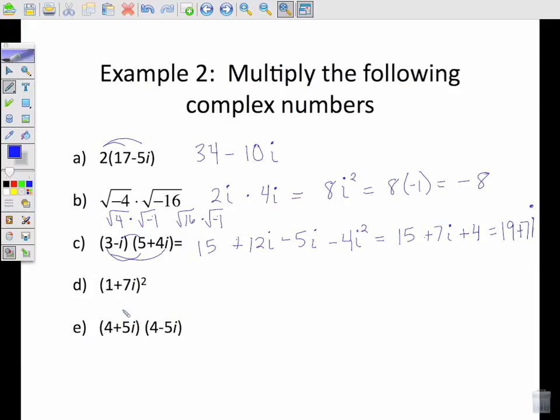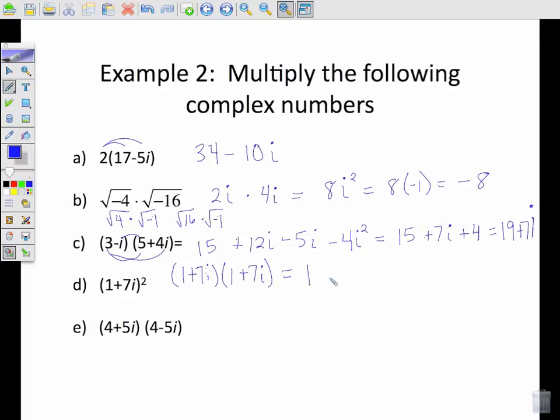Complex form: your numbers first, your imaginary unit second. 1 plus 7i squared, you need to write this as 1 plus 7i times itself, and actually go through and FOIL this.